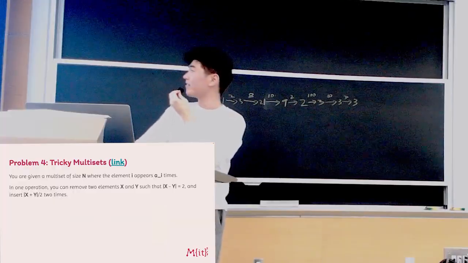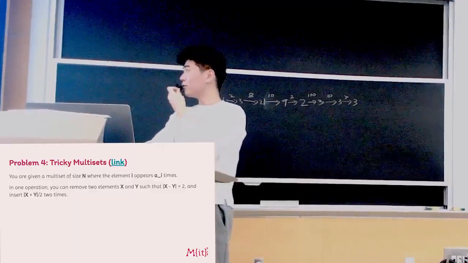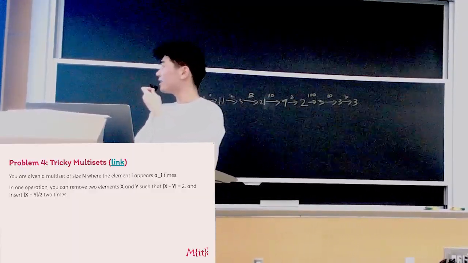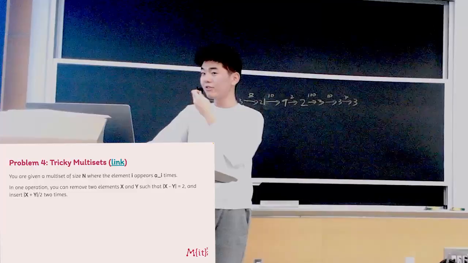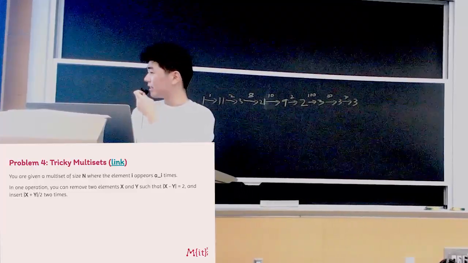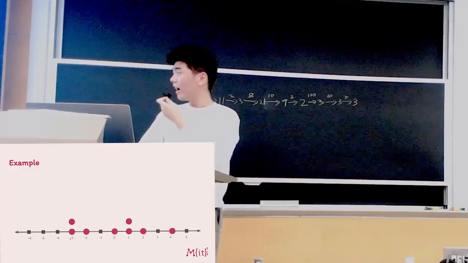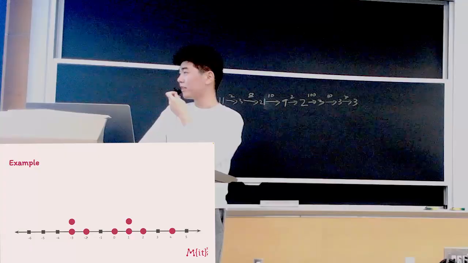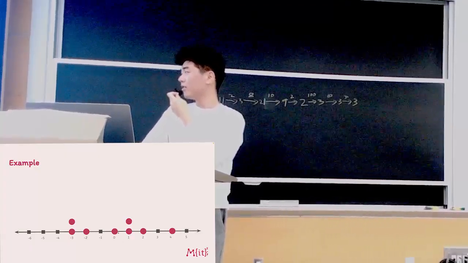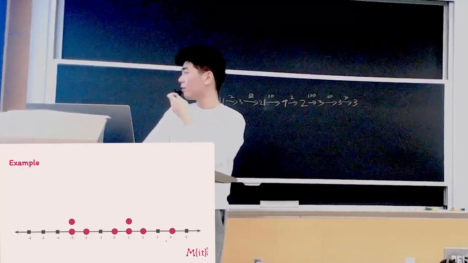In one operation, you can remove two elements x and y such that the difference is 2, and you insert their average twice into the multiset. I guess this makes much more sense with an example, which is here. So here, I have two negative 3s, one negative 2, one 0, two 1s, one 2, and one 4.